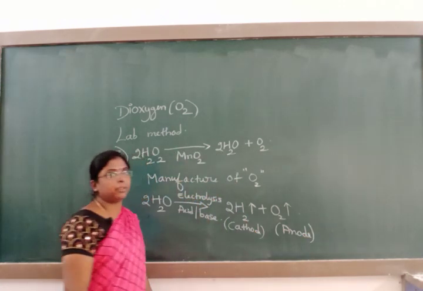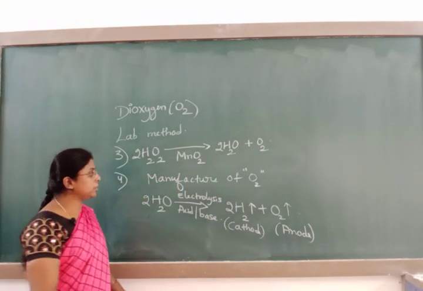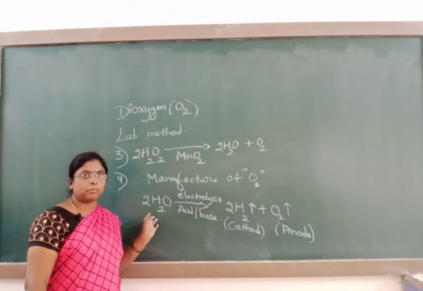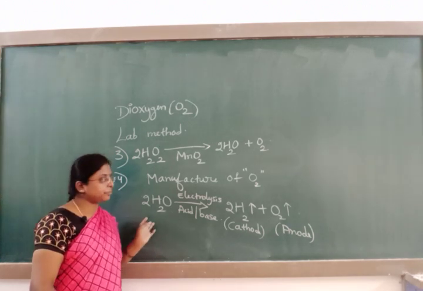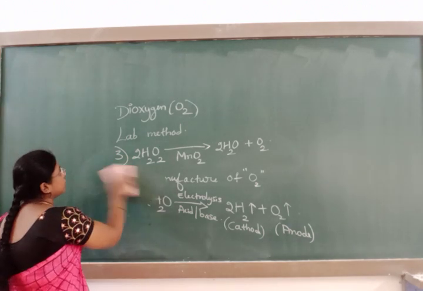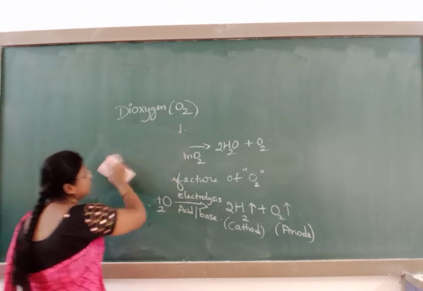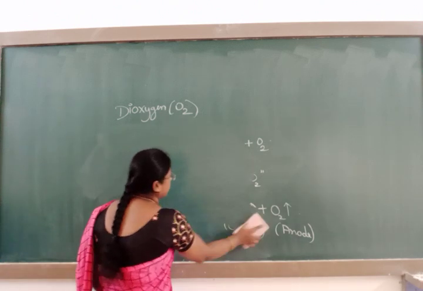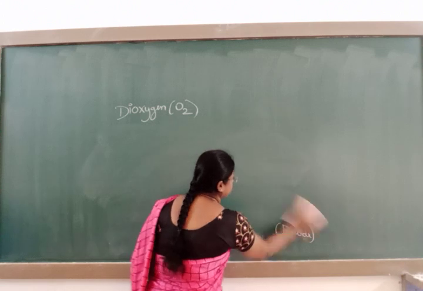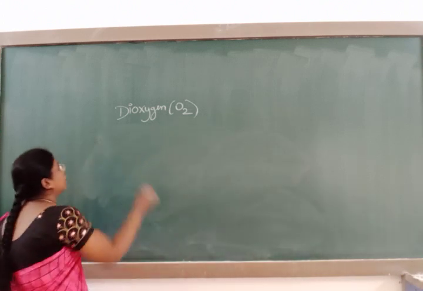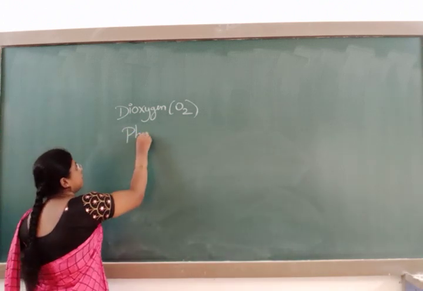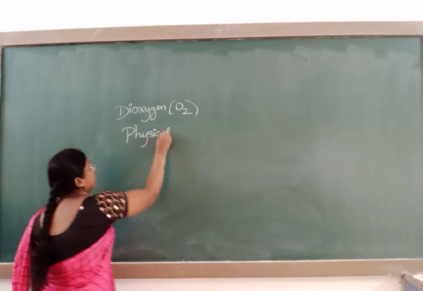These are some of the laboratory methods of preparation as well as the manufacture of dioxygen. Next, after the methods of preparation, come the physical properties.